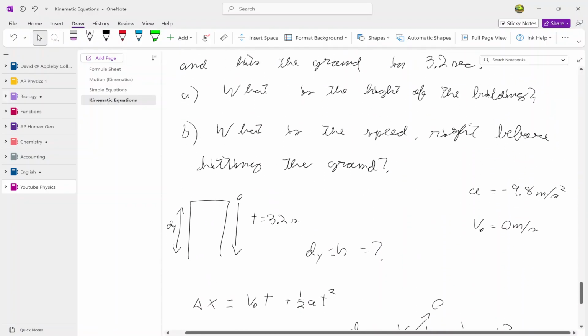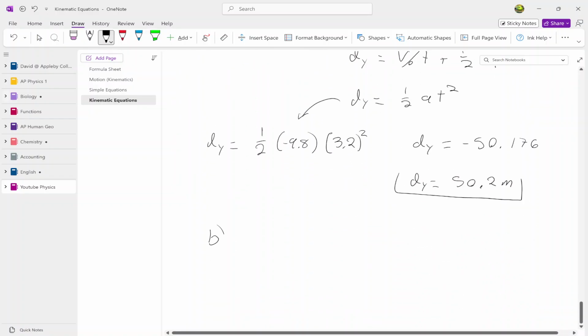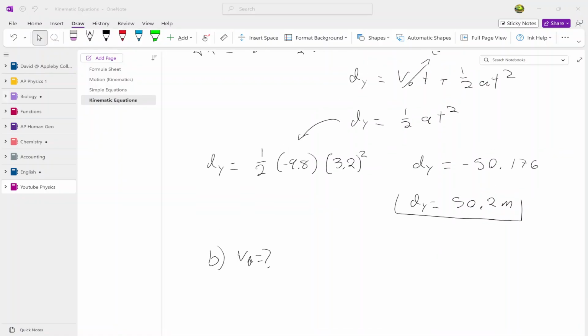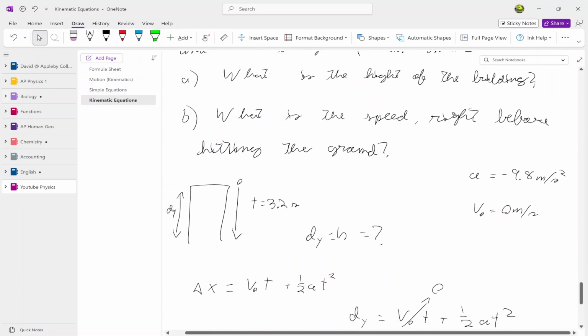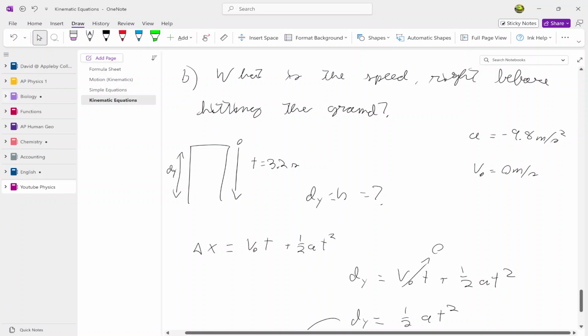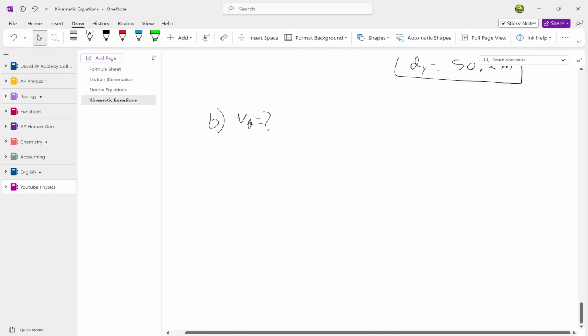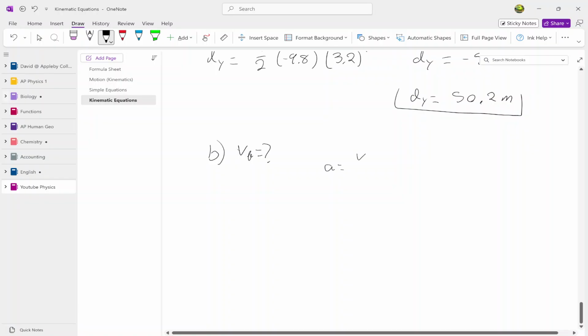So here we go. We're trying to find v final. That's actually quite simple, because a equals vf minus vo divided by time. Here you'll notice I'm using this simple equation all the time. That's because most of these you end up breaking down, and then with those variables you can use even simpler equations.